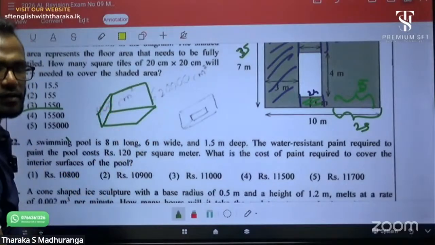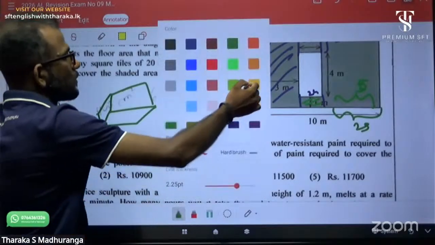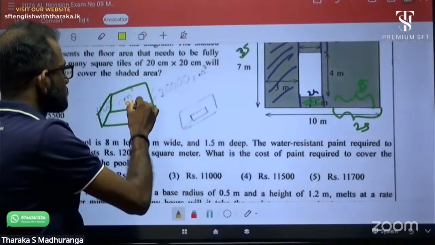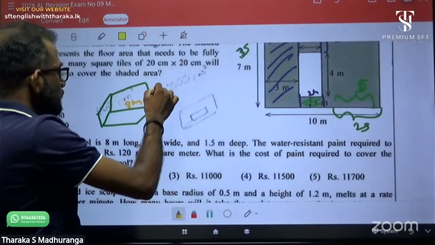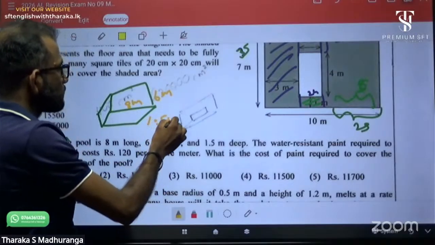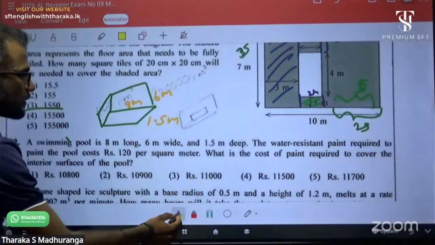Like this type of tank. Length 8 meter, width 6 meter and 1.5 meter deep.